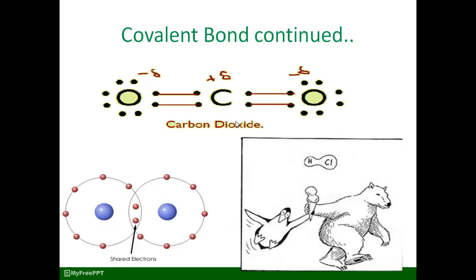In carbon dioxide, oxygen is more electronegative than carbon. So the electron present in the bond between carbon and oxygen would be pulled towards the oxygen atom.